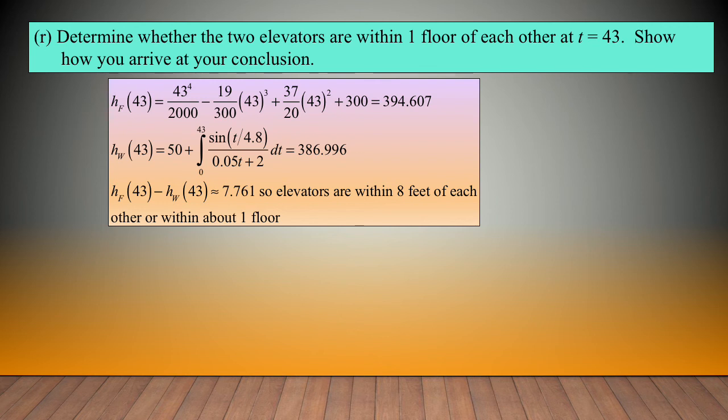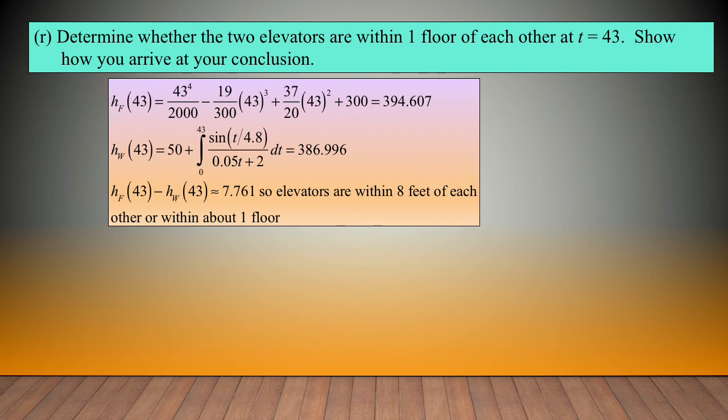To find the height of the worker elevator, we find HW of 43, which will be 50 plus the integral from 0 to 43 of sine of t divided by 4.8 over 0.05t plus 2 dt. And we get 386.996.